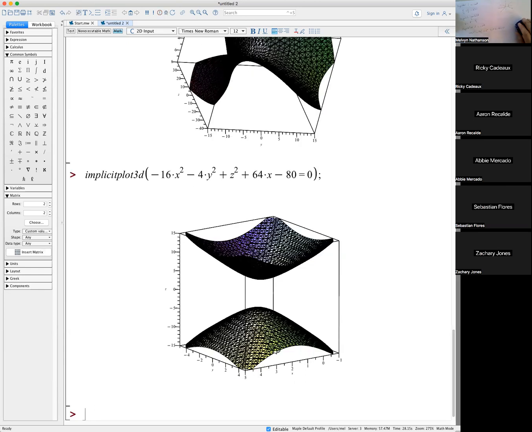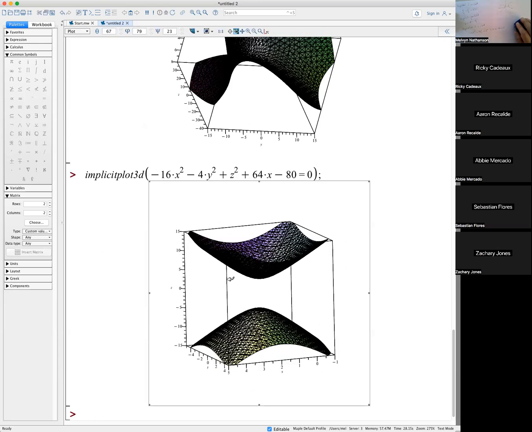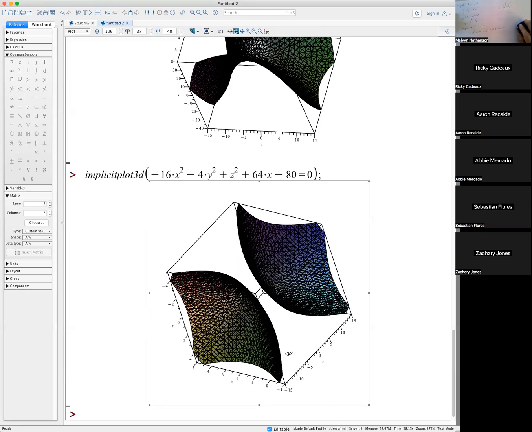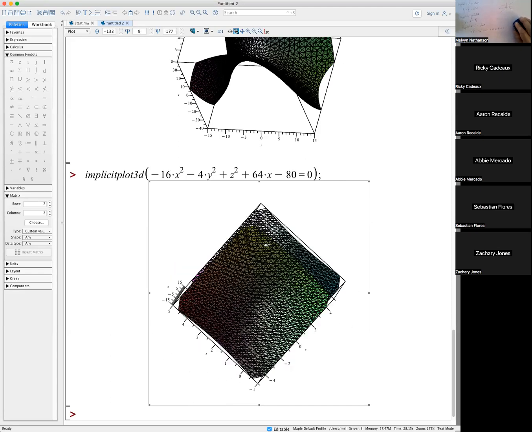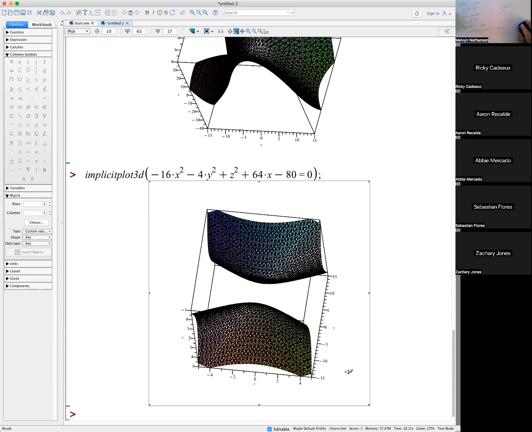Oh, well, that's a hyperboloid of two sheets. Well, clearly it has two sheets. Look at it around. That's what this guy looks like. Huh. Kind of cool.